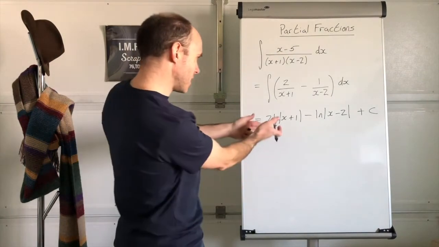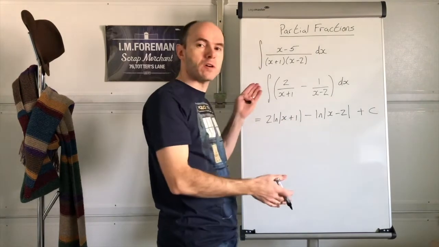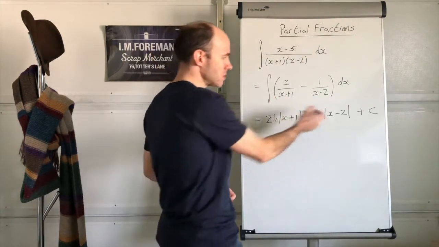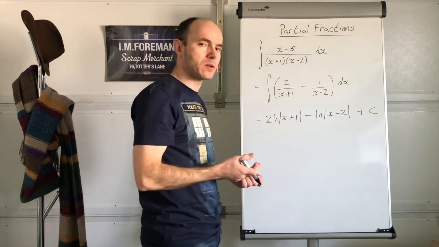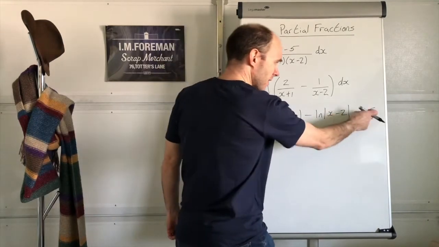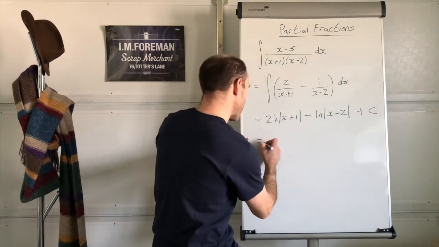We can simplify that, and often we're asked to simplify it. You might be asked to write your answer as one single term. Well, that isn't it, is it? That's three terms. You might be asked to write your answer in terms of a single natural logarithm. Well, that's not it either, because that's two natural logarithms, and that's not even a logarithm at all. So we're going to see how we can combine these.